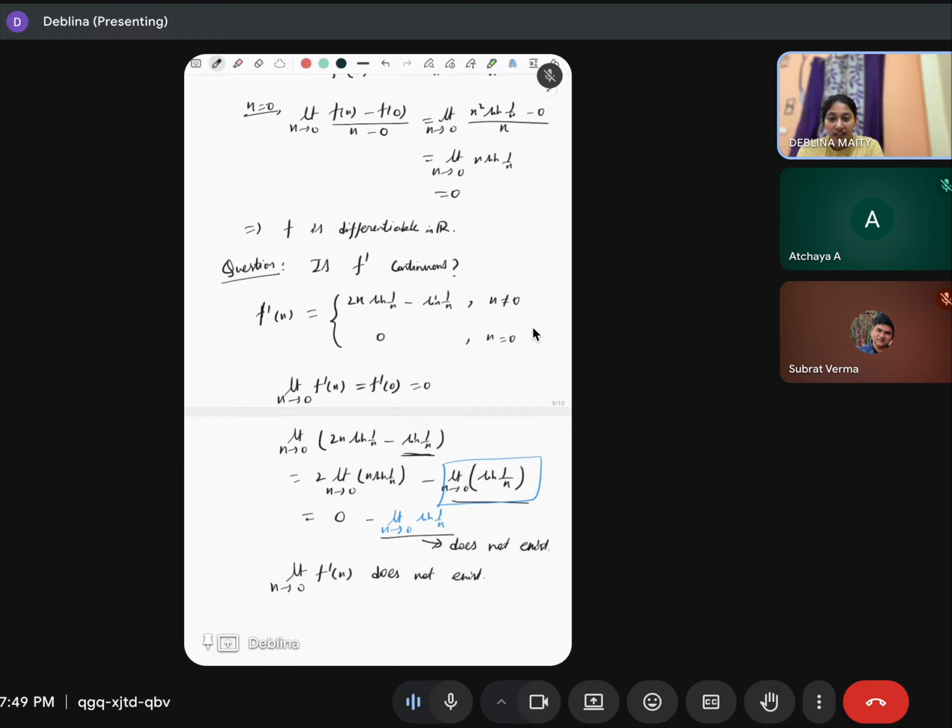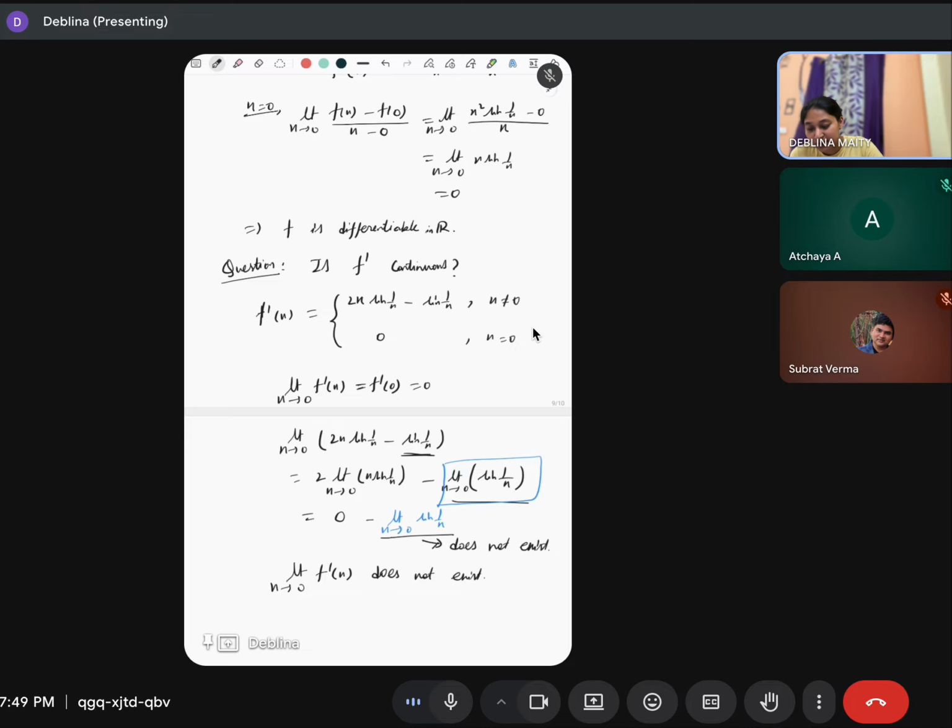Because for continuity, it has to exist and it has to match with f dash 0, right? If we name it as g x, then limit x goes to 0, g x has to match with g 0, then it will be continuous at that point 0.